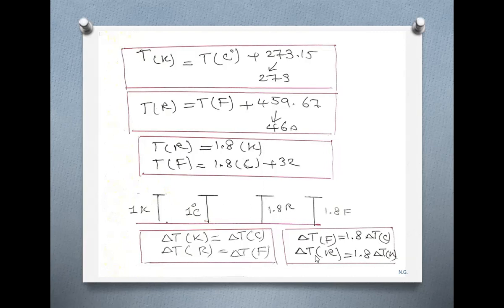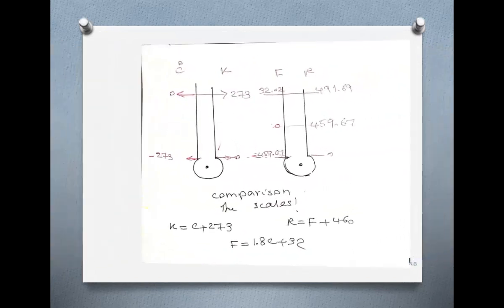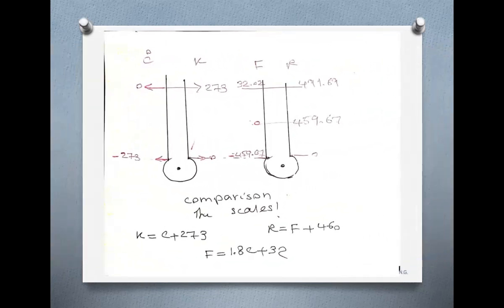No question. Now we can go to the next one. I want to show it to you on this scale, that makes better sense. Here is the SI system: we have centigrade and Kelvin. Here is the British system or British gravitational, or the EE system, which stands for English engineering system: Fahrenheit and Rankine.